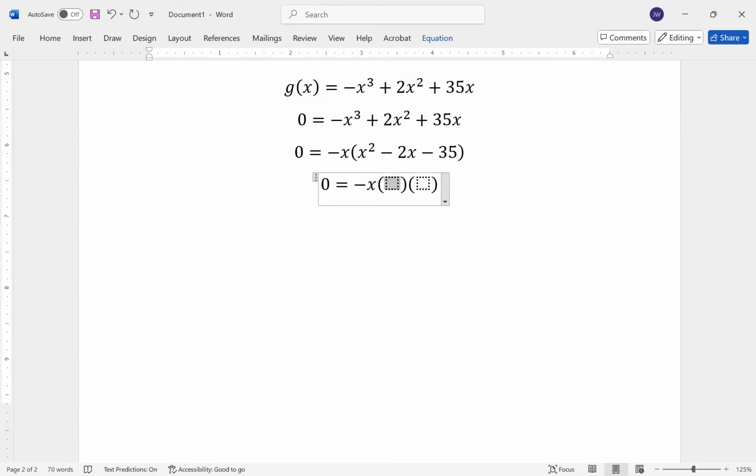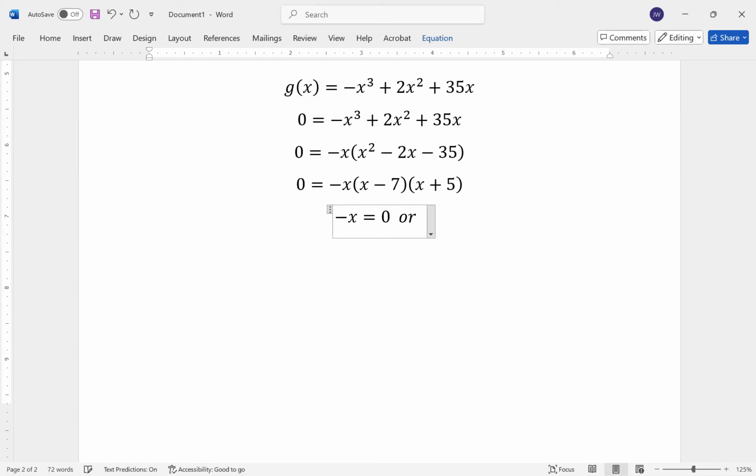Factors of -35 that add to -2 will be -7 and +5. So I would get x minus 7 and x plus 5 in my factorization. Now we can say each linear piece can be set to 0.